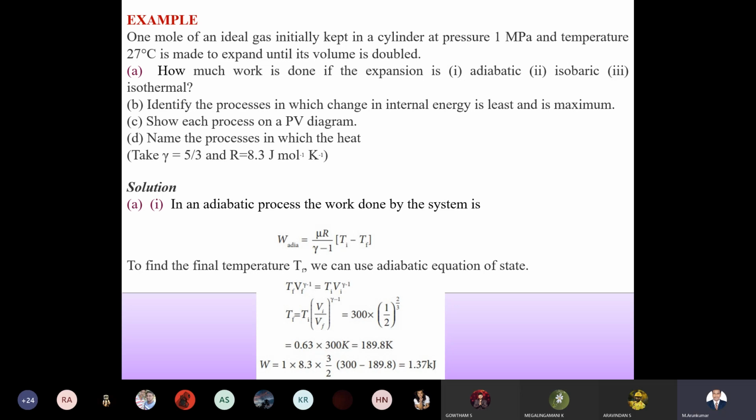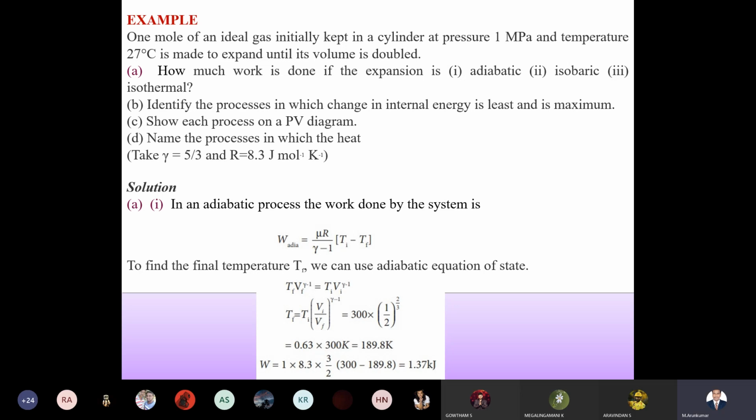We have to draw the PV diagram. Then name the processes in which the heat, we have to give the values for Q. In the PV diagram, we have to mention the isotherms. So just try to solve the problems one by one.